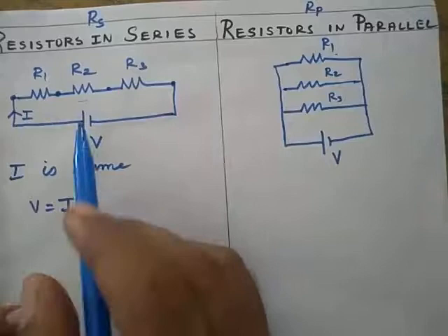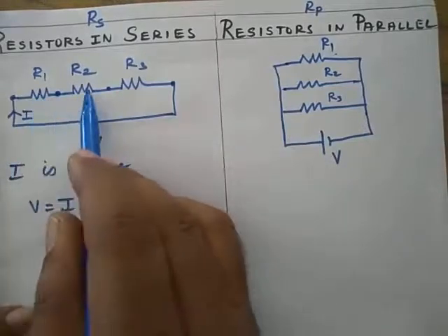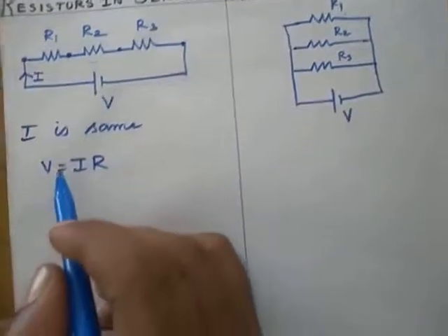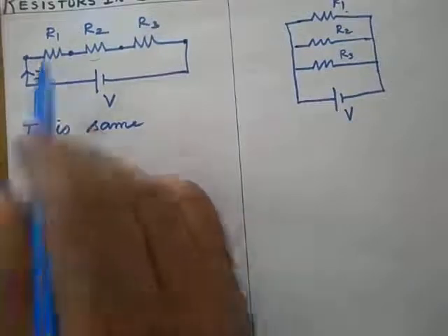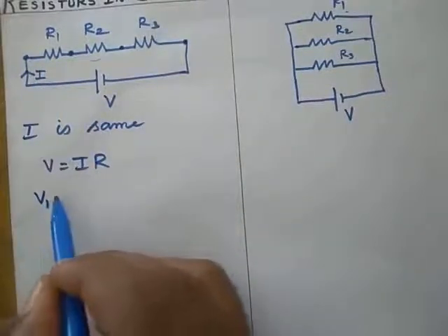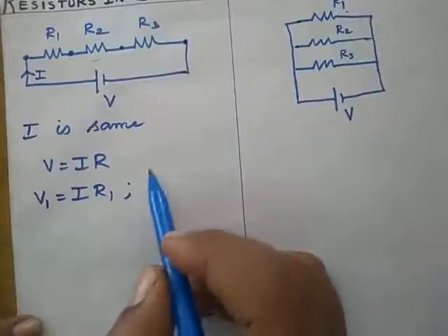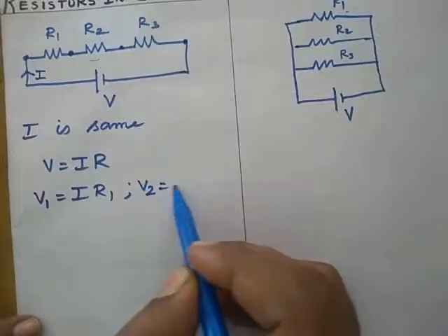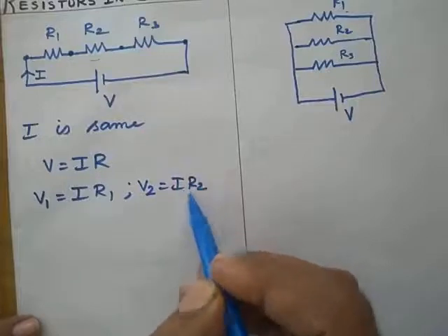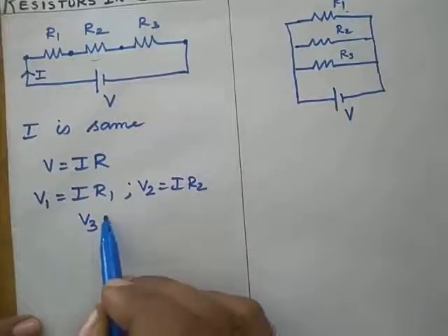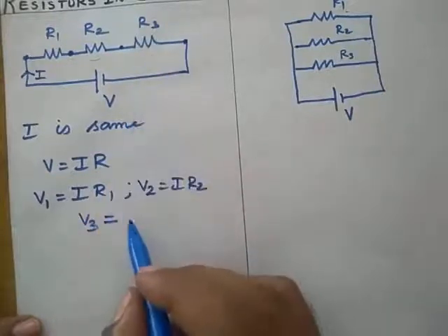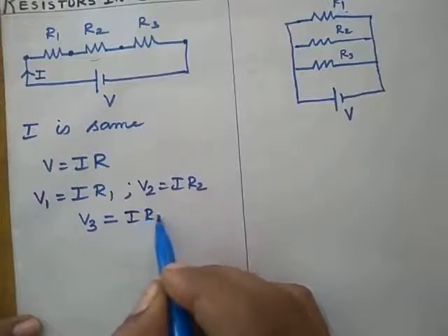Here I is the same, but the resistance of each resistor is different. So the potential drop across R1 is written as V1, that is equal to I R1. The potential drop across R2 is V2, equal to I R2. The potential drop across R3 is V3, equal to I R3.